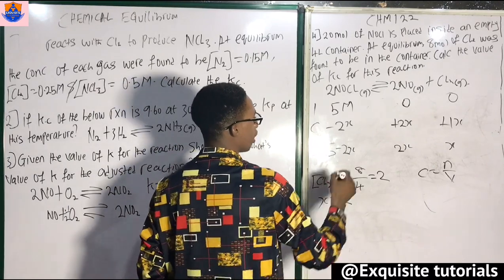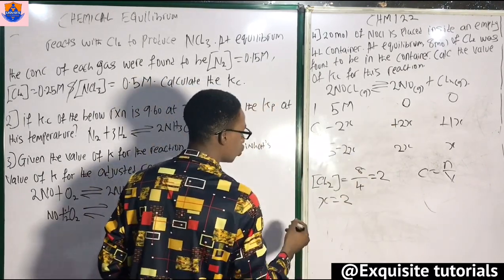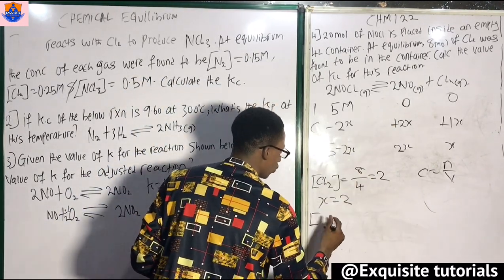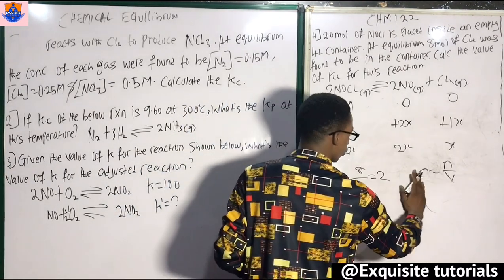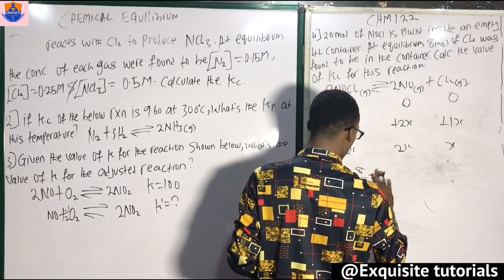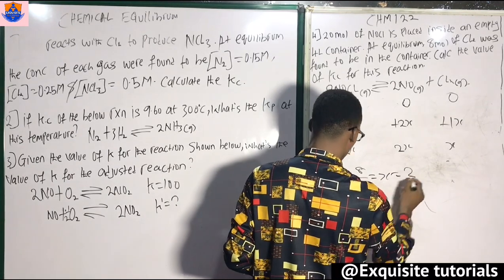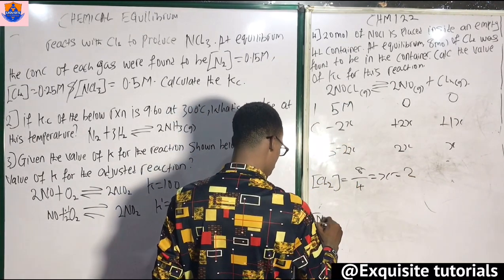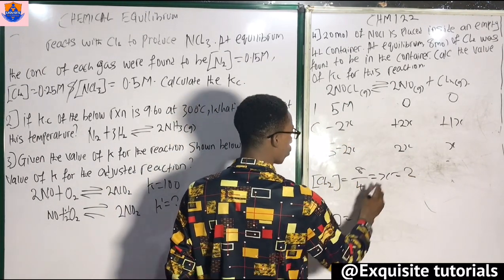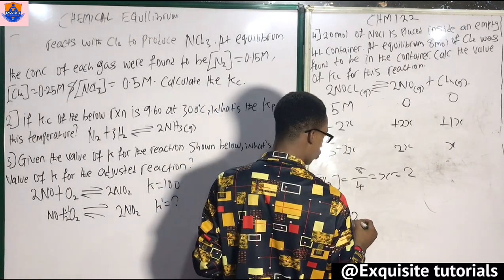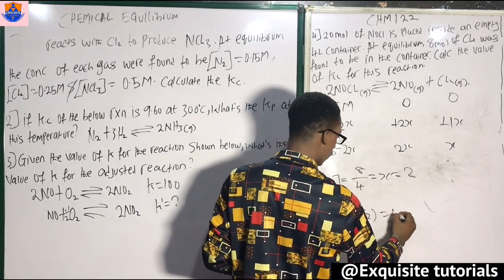So now, what will be the concentration of NO2? X is equal to 2. The concentration of NO2 will be equal to 2x, so 2 times 2, which is equal to 4.